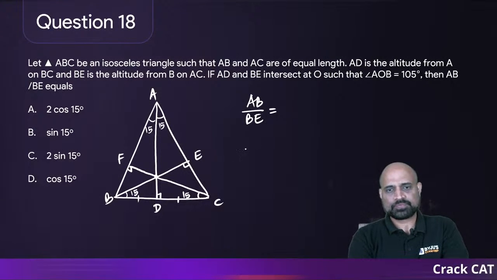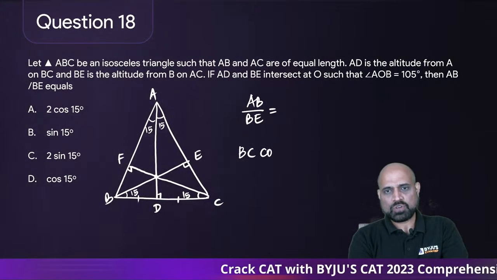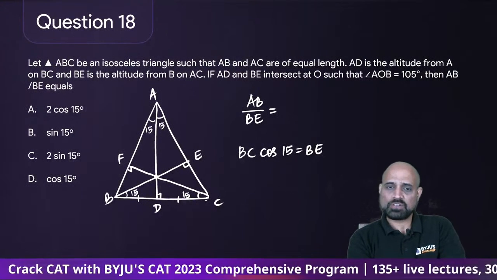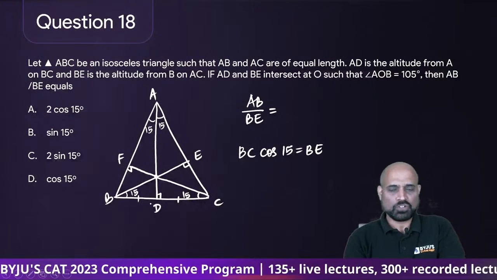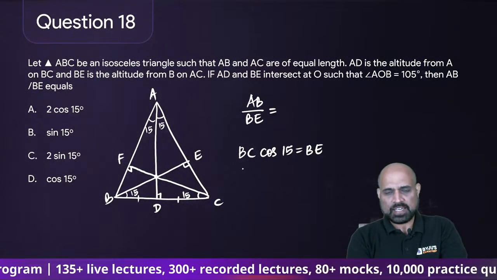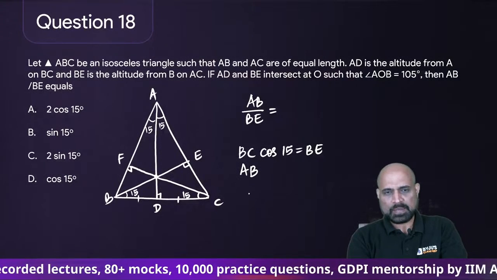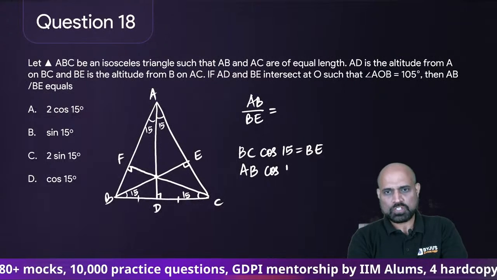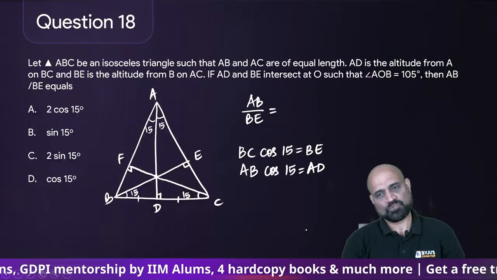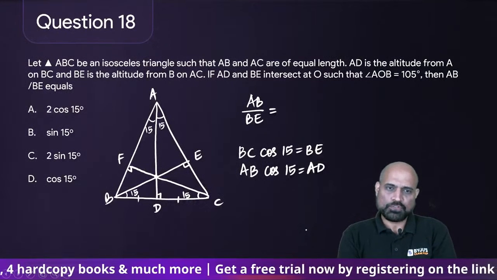So can we say BC cos 15 is equal to BE? बिल्कुल बोल सकते हैं. And similarly, can we say AB cos 15 is equal to AD? बिल्कुल बोल सकते हैं. AB cos 15 is equal to AD.